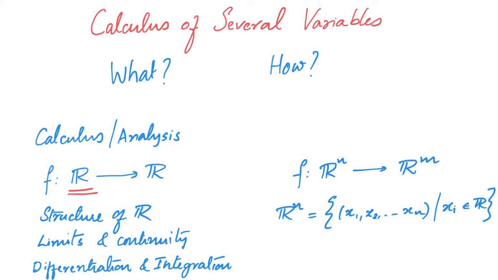Rn is a vector space, and you have seen linear maps from Rn to Rm. Thus, linear algebra is important for this course as a source of examples of functions from Rn to Rm.